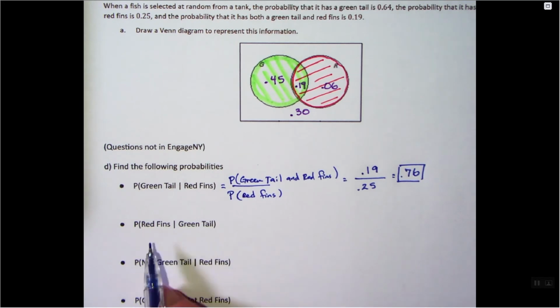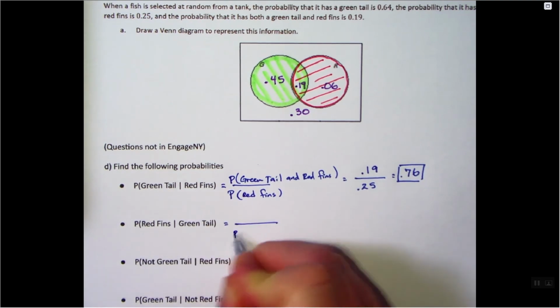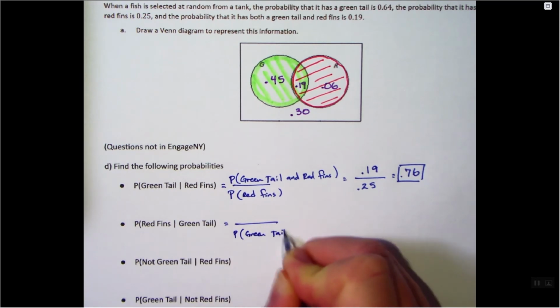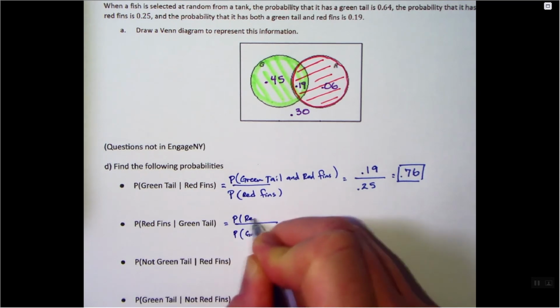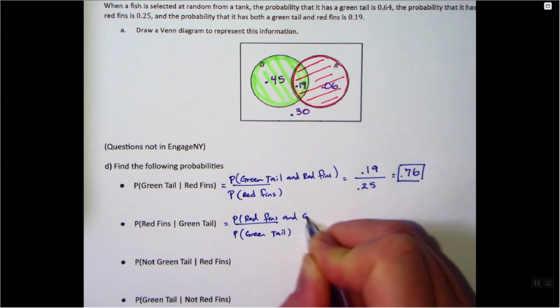Okay, the next one is the probability of red fins given that it has a green tail. So I'm looking out of the ones that have a green tail, what's the chance that it also has red fins? This is red fins and a green tail.